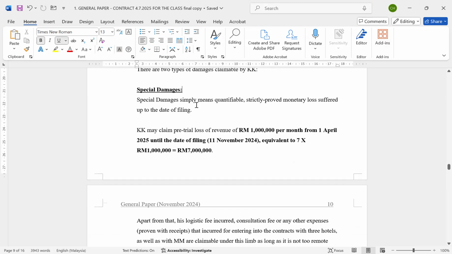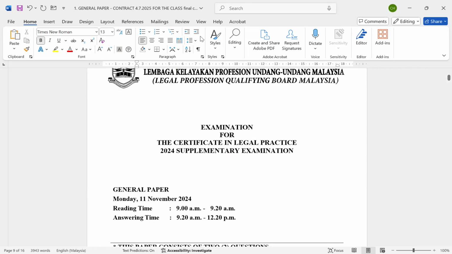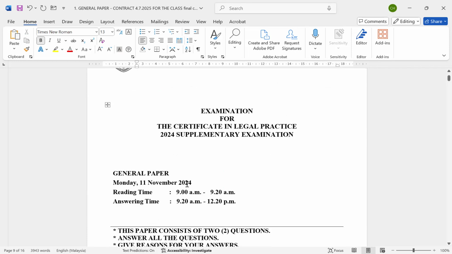Okay, special damages simply means what? Those that could be quantifiable, strictly proven. Again, monetary loss suffered up to the date of filing. Presumably, because you must know when you are going to file the suit, because you are going to draft the statement of claim, isn't it?